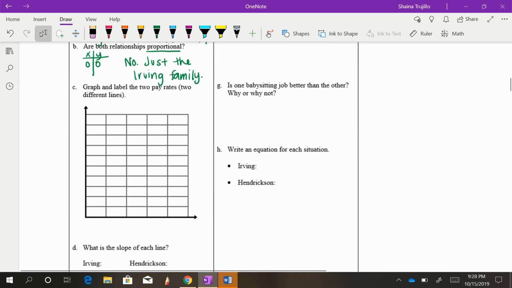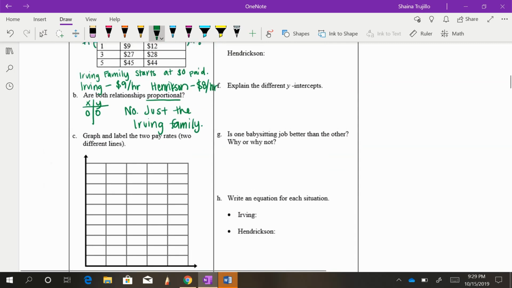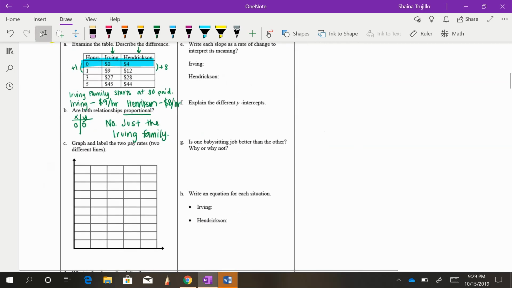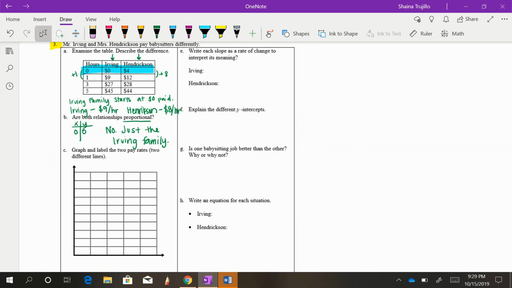Okay. Part C says to graph and label the 2 pay rates, 2 different lines. I would pull out 2 different colors so that it's easier for us to see the difference. I'm going to go ahead and label my graph. I'm just going to do it orange again. So X and Y, remember X is going to be the hours and Y is going to be the amount paid.